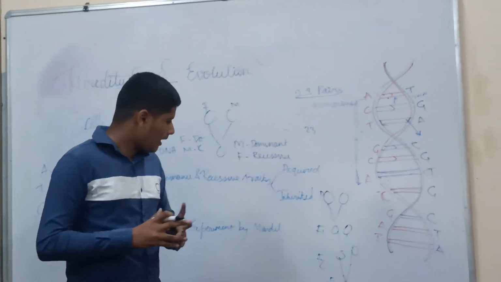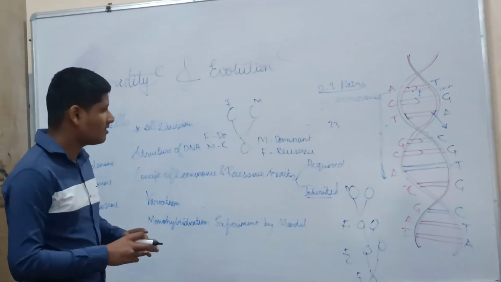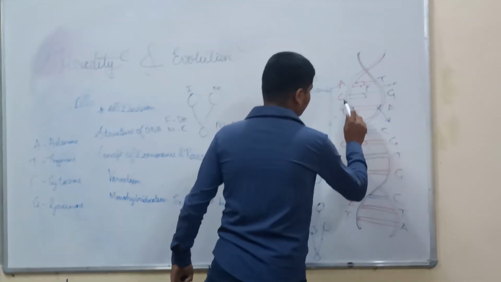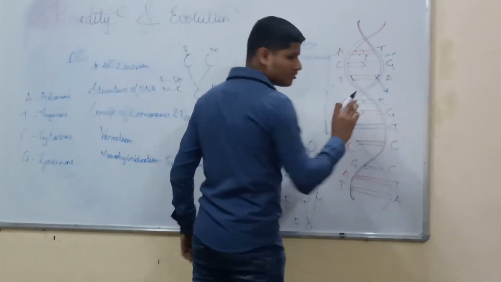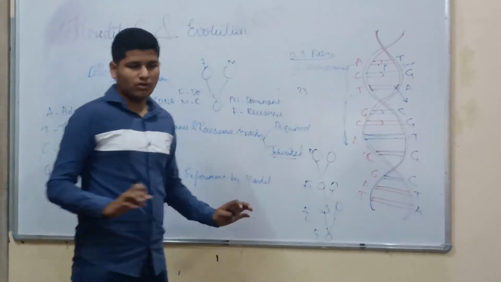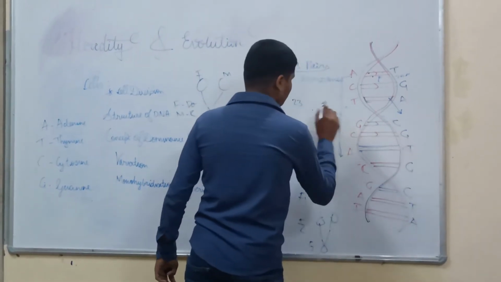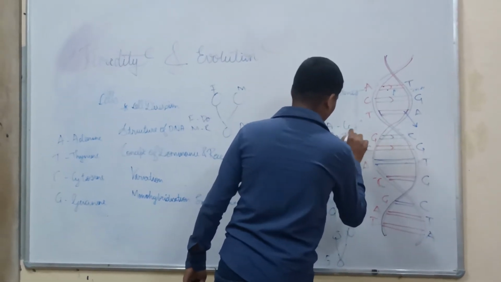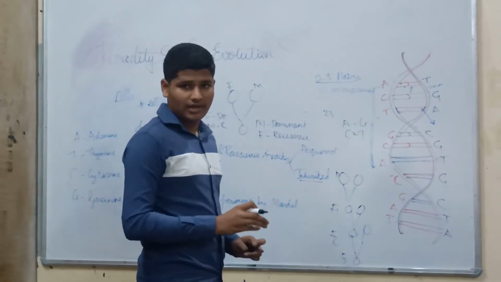But how do inherited diseases come? Like this is A and T, this is G and C. When A and T are arranged in their respective manner, no disease will come. But when A and G and C and T cross, there are some disorders such as Alzheimer's.